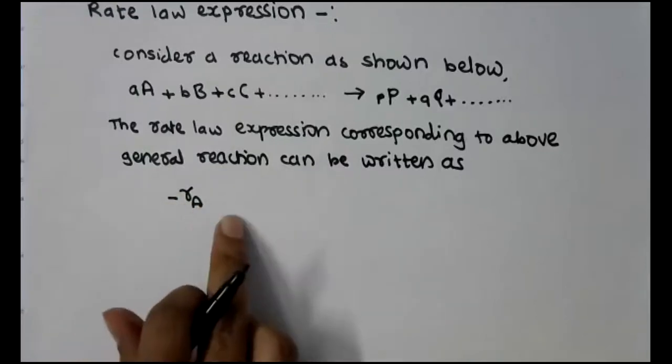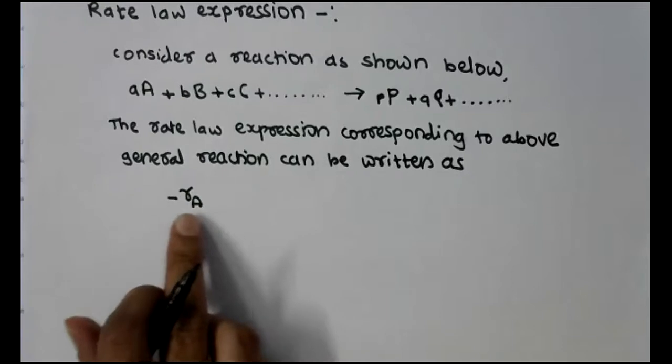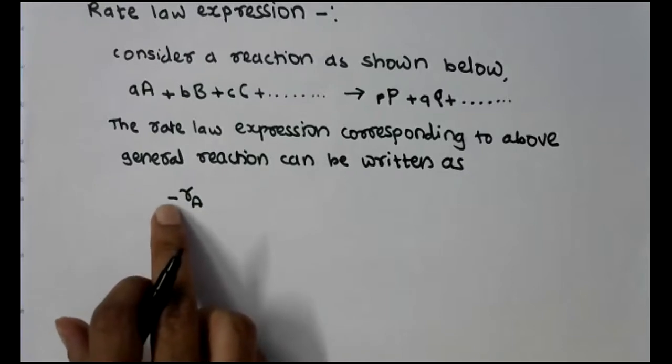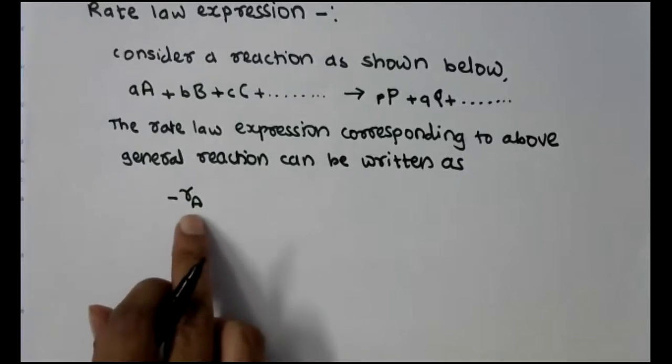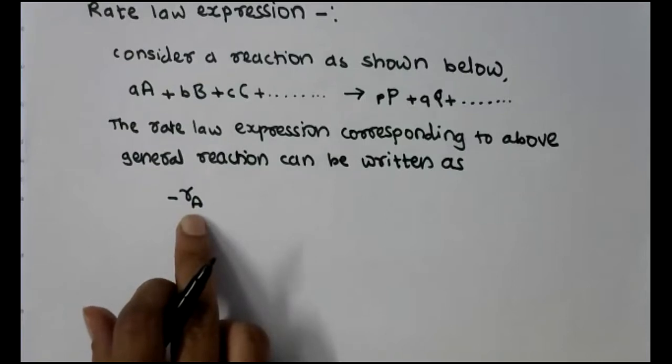Now minus r_A means the rate of disappearance of A. Generally the reactant which is to be selected should be the limiting reactant, which will limit the progress of the reaction, not the reactant in excess.